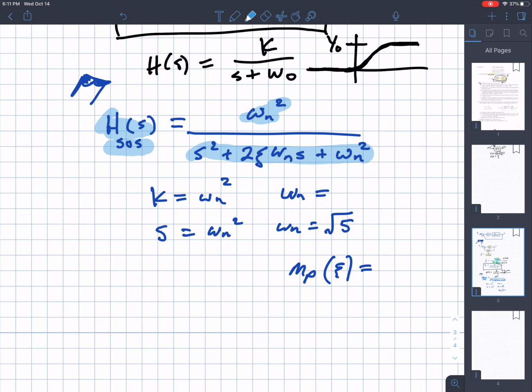Really, I don't care so much about the top of the expression, the numerator, because you could multiply by some gain constant and change that. What we care about is the denominator. The denominator gives us the poles of the system, and by changing the locations of the poles, we can shape what the step response would be.